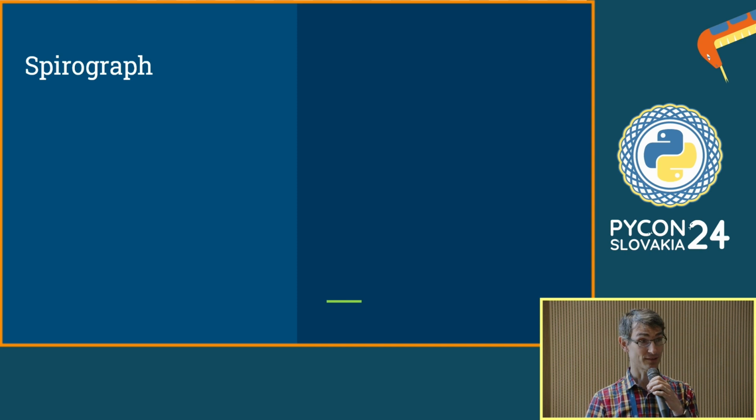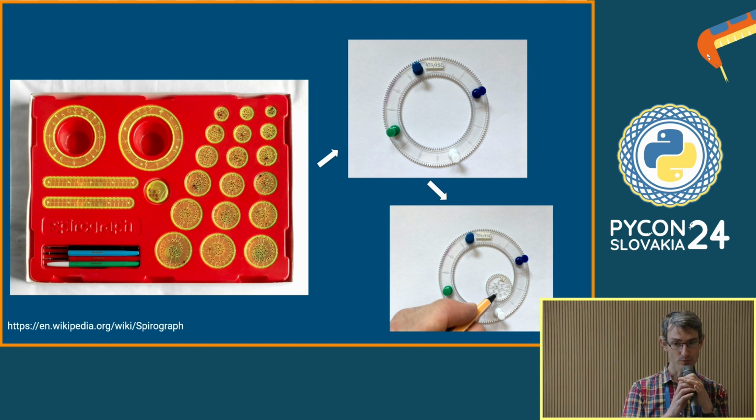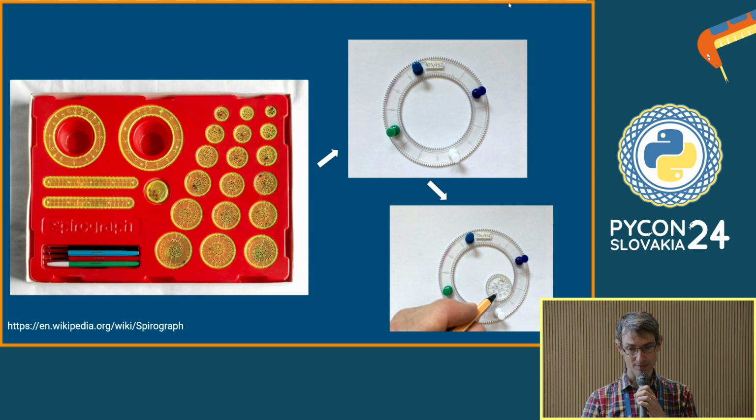So what is a spirograph? That's the first part. It's basically a toy which consists of two main parts. The first main part is one or more of these large wheels which are supposed to be pinned to the paper.